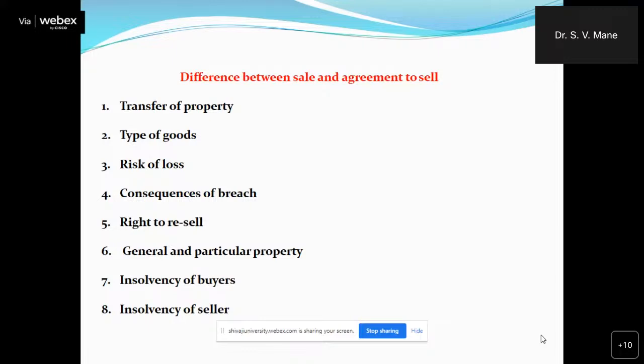And in case of agreement to sale, if the seller becomes insolvent, the buyer who has paid the price can only claim a ratable dividend and not the goods because property in them has not yet passed to him. So these are the main differences we can discuss here between sale and agreement to sale. So we go forward.